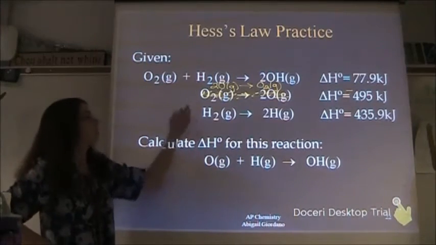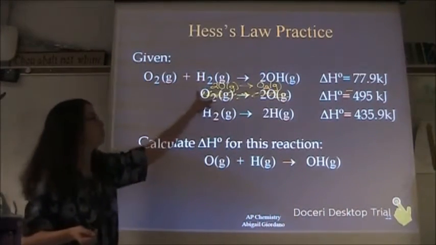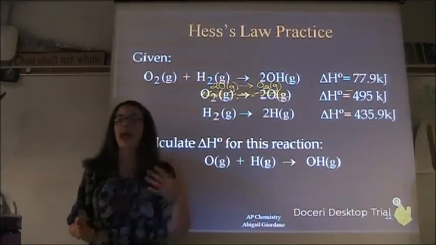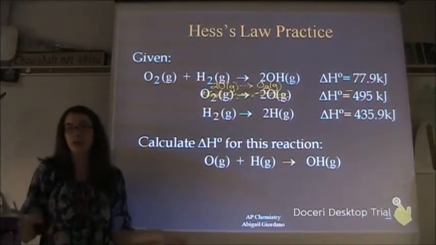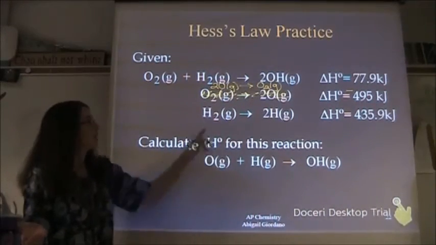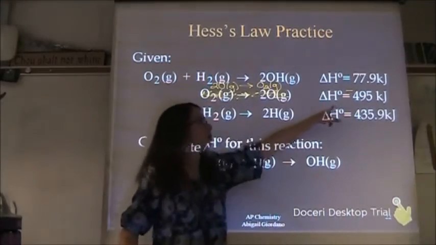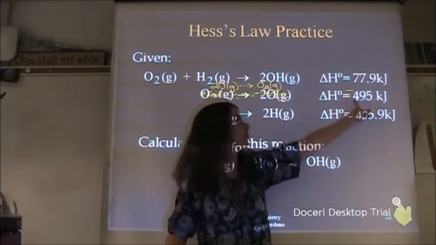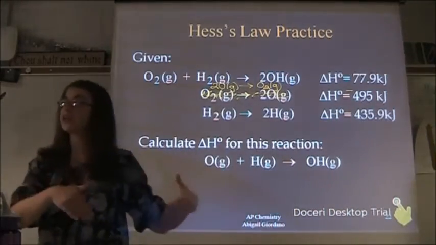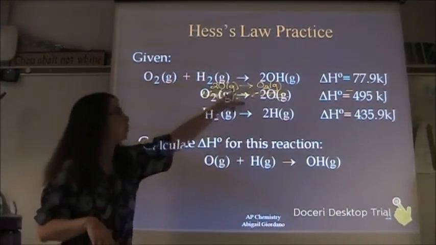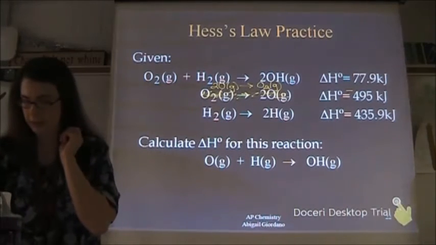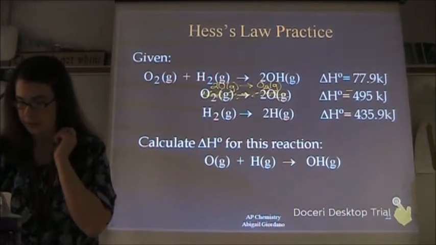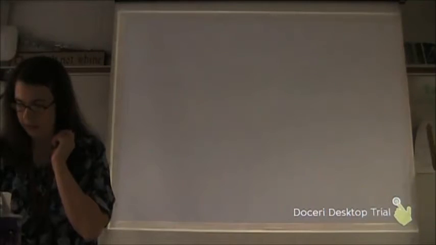Okay, you could say it one of two ways. Multiply the coefficients by 1/2 or divide by 2, same thing. And if I do that, what do I do to this number? Do the same thing, divide by 2. Okay, so I'm going to get to a new screen and I'm going to write this a little bit neater.